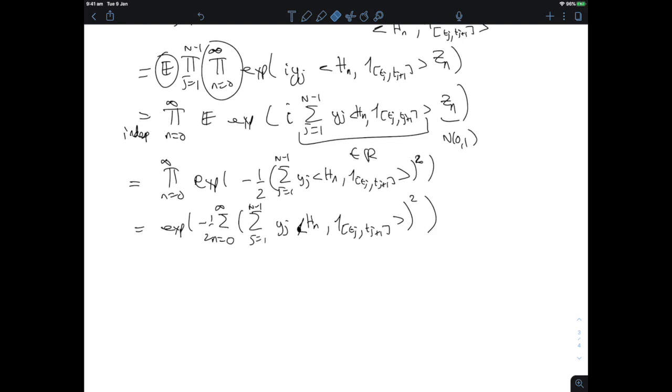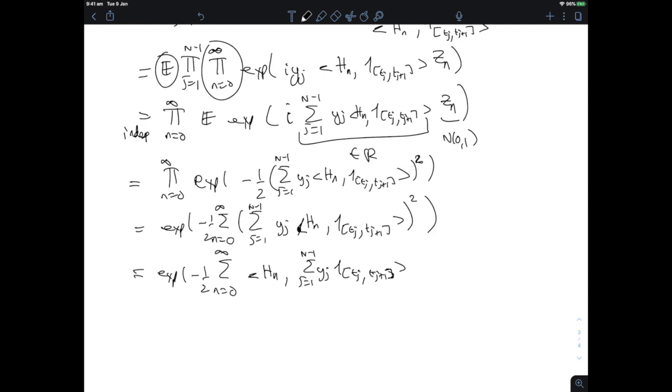So what have I got here? I've got the exponential of minus 1/2 the sum over n from 0 to infinity of an inner product of hn with a simple function really, which is the sum j equal 1 to n minus 1 of yj times the indicator function of the interval tj to tj plus 1.